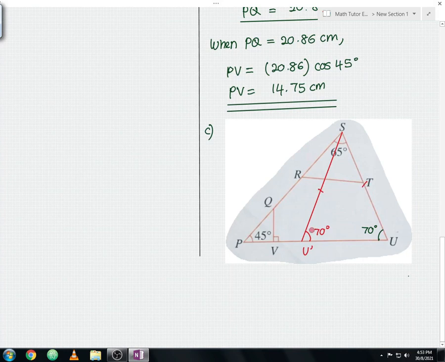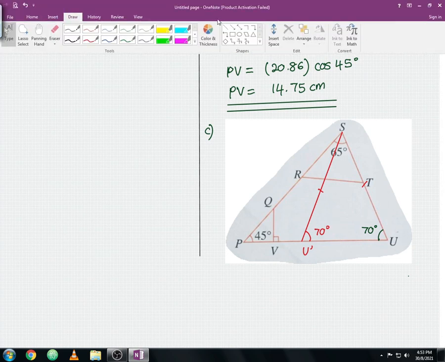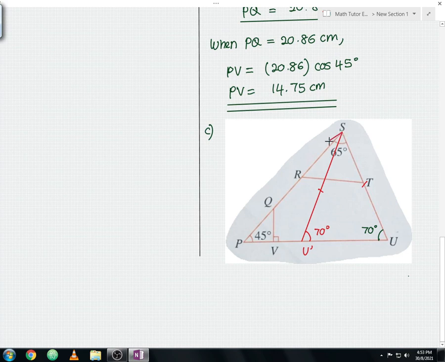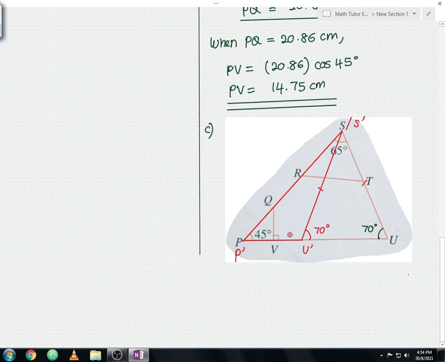So this is U prime, whereas this point S will become S prime and this point P will become P prime, guys. That is the reason why I'm highlighting this in red pen. So this is your S, also known as S prime. This is P, also known as P prime. This is your final sketch for the question part C.